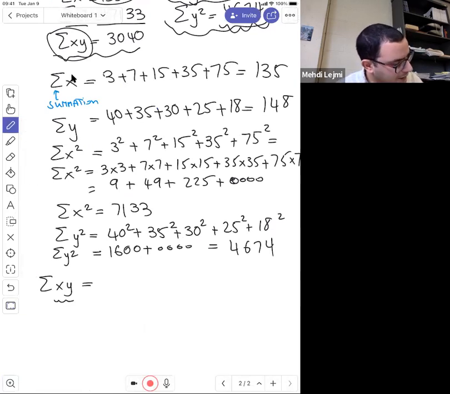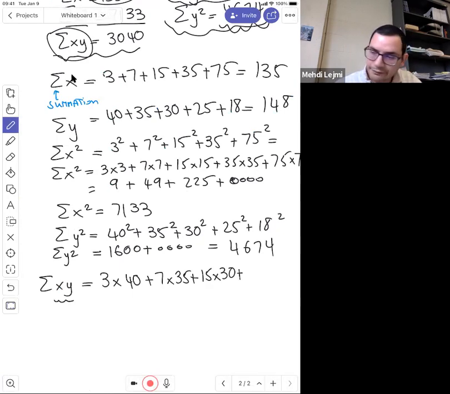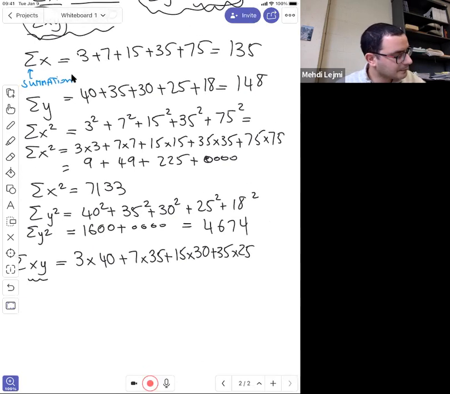So it's the first x, 3, times the corresponding y, 40, plus the next x, 7, multiplied by the corresponding y, 35. Next x is 15 times the corresponding y, which is 30, plus the last x, 75, multiplied by the corresponding y, which is 18.